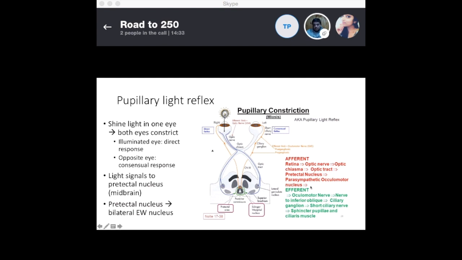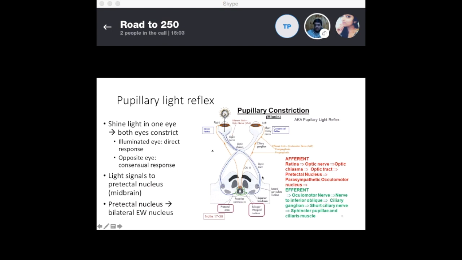So if you are confused about how you can block this, there are two ways this can be affected: an afferent way and an efferent way. The afferent way is if you have an optic nerve issue, or any sort of lesion on this tract, you will not be able to get a response in this eye. However, you may still be able to get a response in the other eye because of this crossover here.